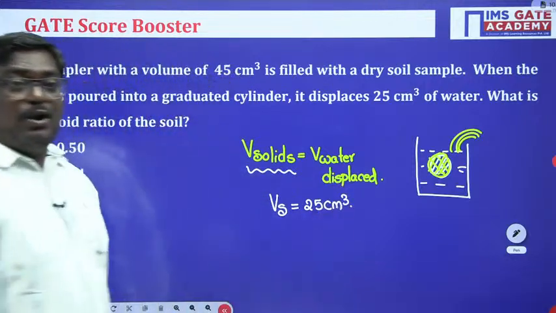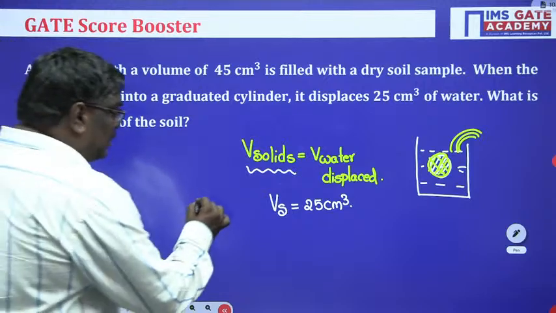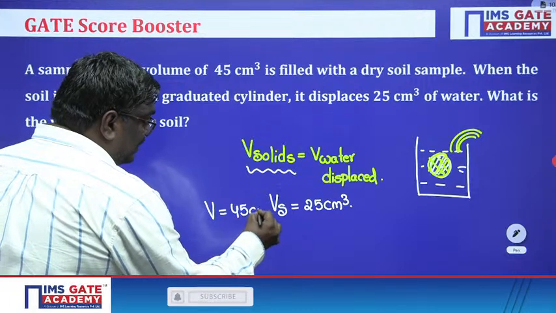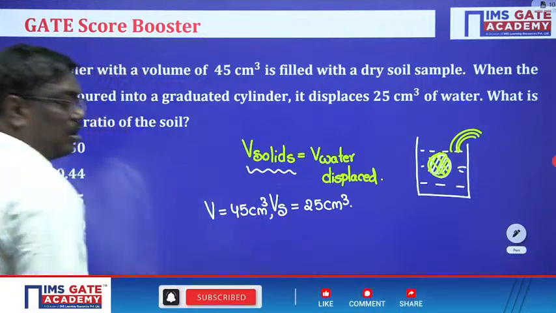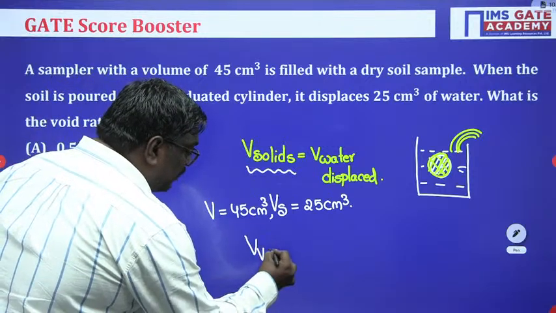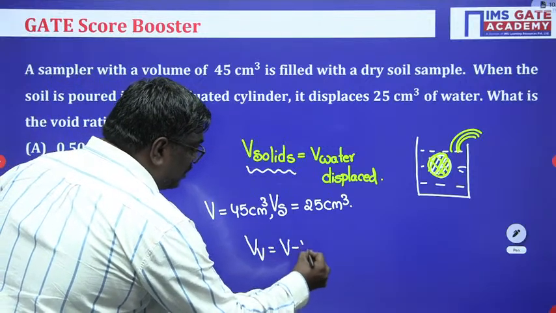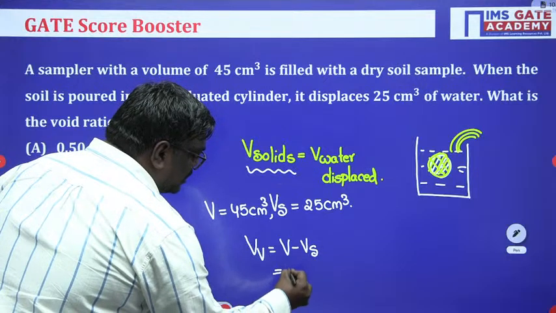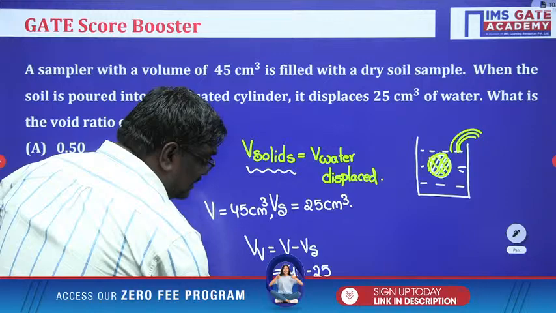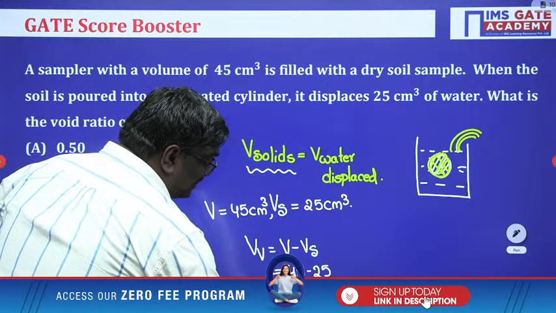Now, the total volume is equal to 45 centimeter cube. What will be the volume of voids? Volume of voids is nothing but total volume minus volume of solids. These are very straightforward questions, but to understand the next concepts, you have to do these kinds of problems.